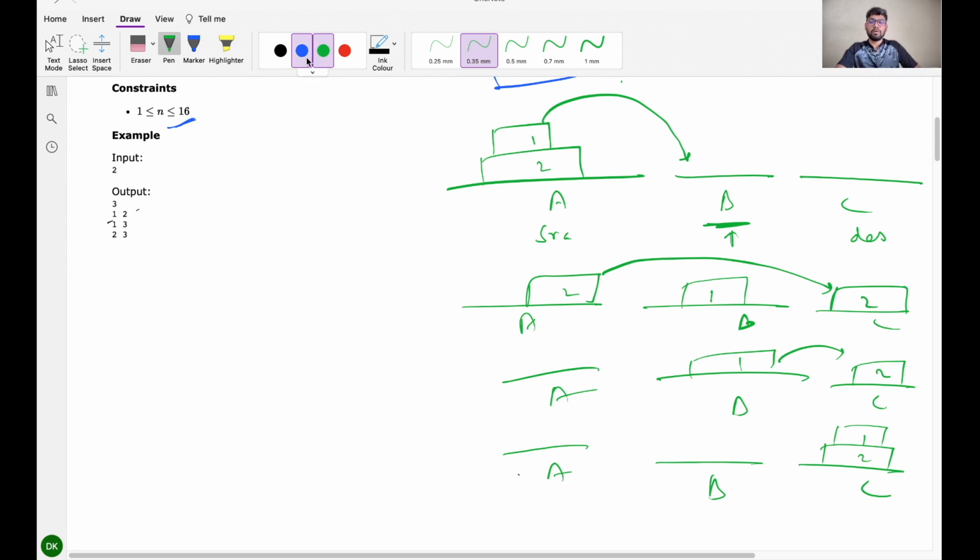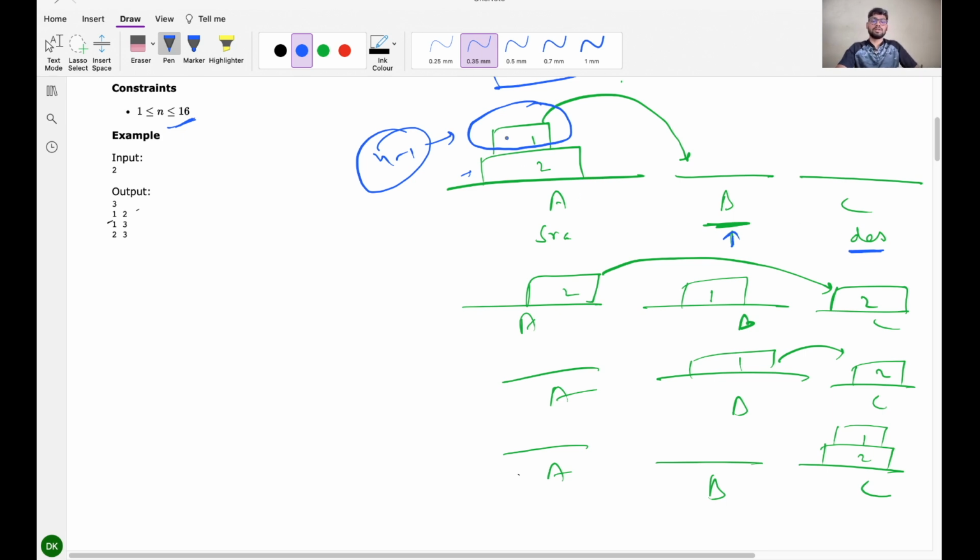So what am I doing over here? First of all I am placing all my disks except the last one, that is all n minus 1 disks, onto B by using C as an auxiliary. This will be clearer when I take n equal to 3.